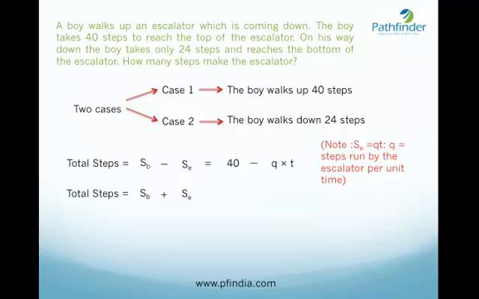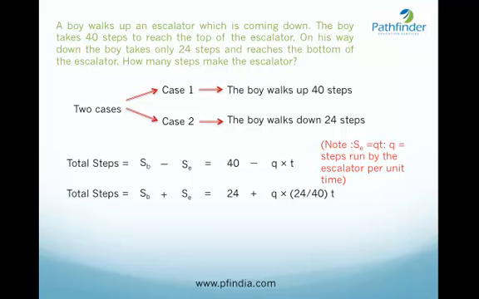Because the escalator has run only for as much time as the boy has walked 24 steps. So what is our equation in this case? Total steps is also equal to 24, the number of steps taken by the boy, plus q into 24 upon 40 into t.